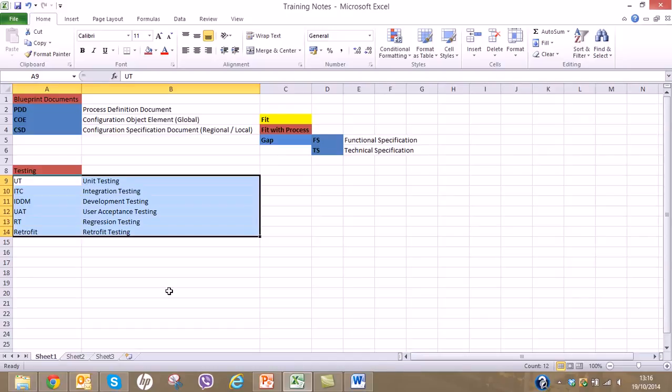The third is development testing. Development testing is for example transportation, transport from one setting to another, so you have to check whether all these transportation of customization are properly done or not, from one client to another. The fourth one is user acceptance testing. You have to perform the processes in front of the users.